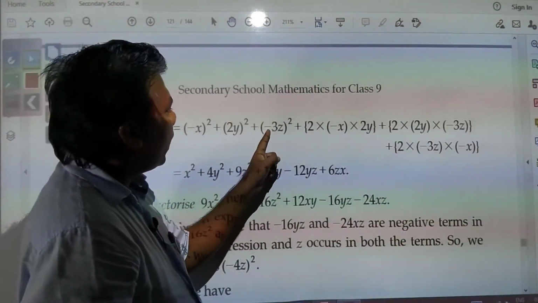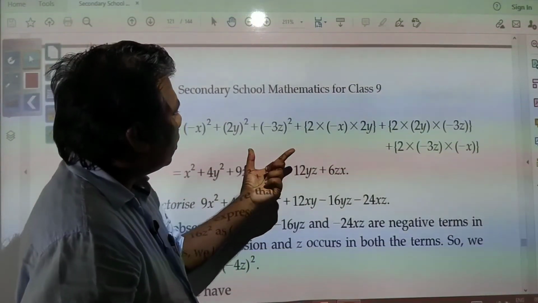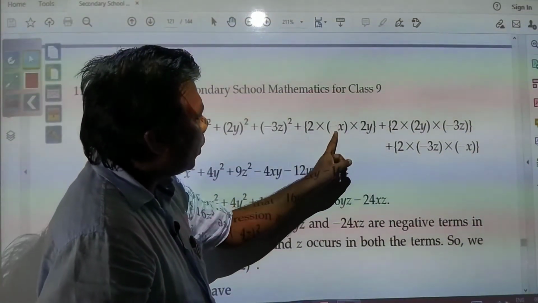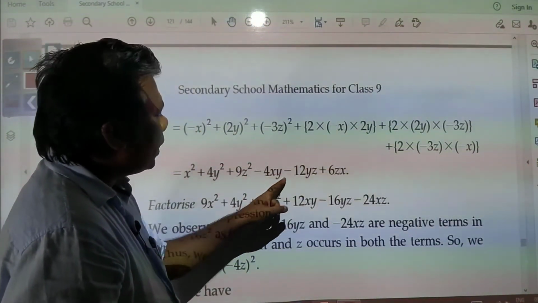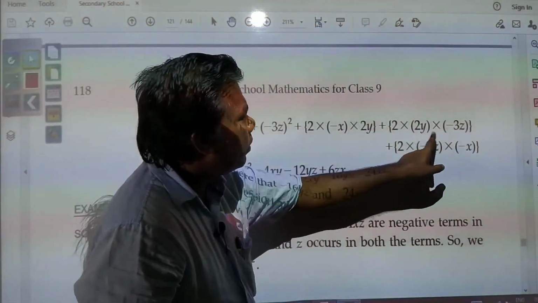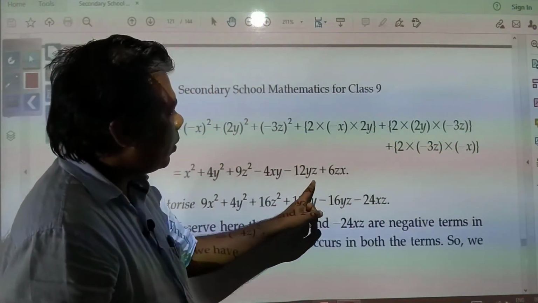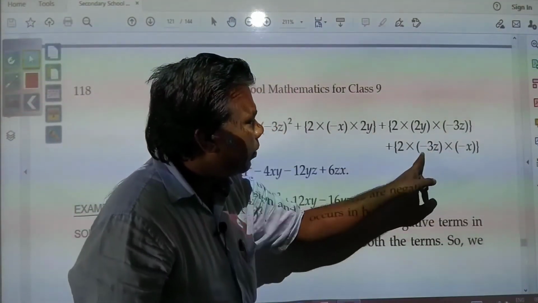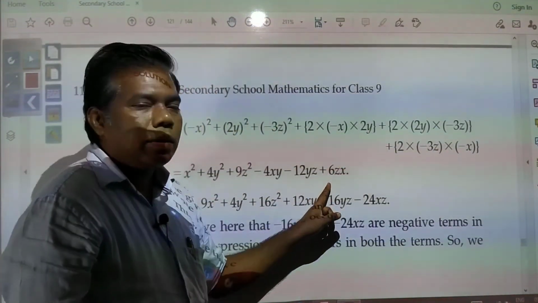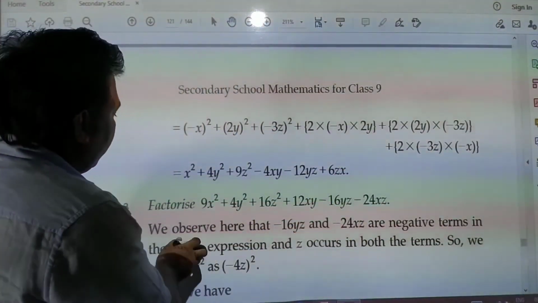But here you see minus and minus, here you have only minus, so this will be minus 4xy. Here you have minus, means minus 12yz, and here 2 times you have negative, so this became positive. So 6zx you have got.